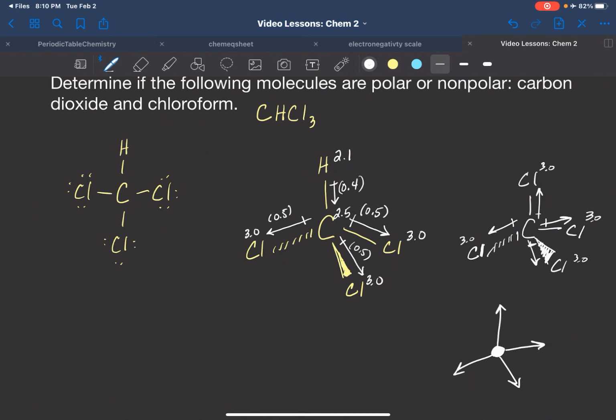No matter how you rotate this, remember this is a 3-dimensional thing, the angles are all the same. If 4 people were evenly spread out around you and pulling on you, you would not go in any one direction because everything is being pulled equally.